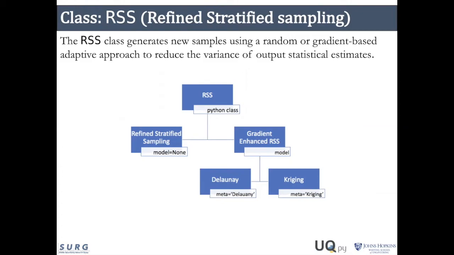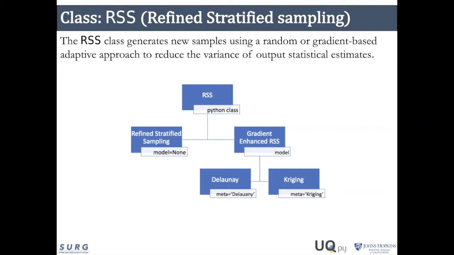Basically, there are two approaches in the RSS class. The first approach is refined stratified sampling, and the second approach is gradient enhanced refined stratified sampling, which is also GE-RSS. GE-RSS basically uses the gradient to reduce the variance of the output estimate, and refined stratified sampling does not do that.